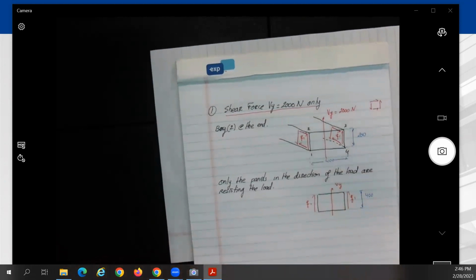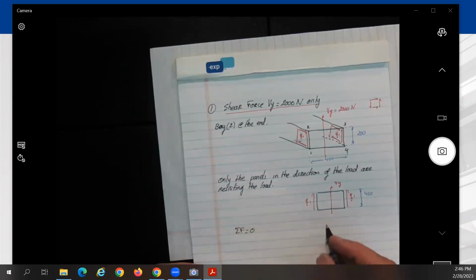How do we find the value of Q1? Okay, so if you want, you can do summation of forces equal to 0, or you can do external, internal, but this is really internal. So we do Dy, so they're both going up, plus 2 Q1 times what?